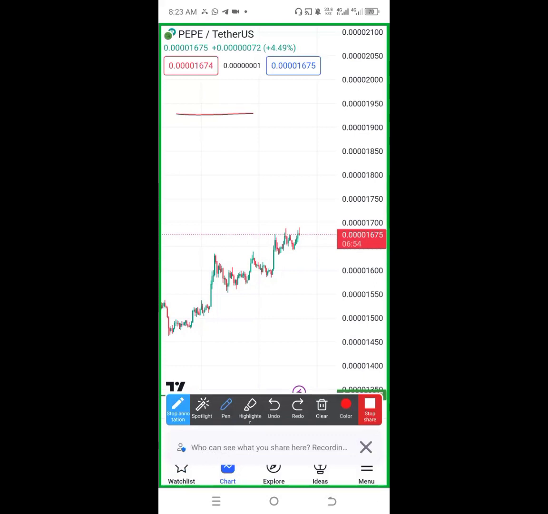A resistance line is a price level which holds the price from continuing to rise. That price level which prevents the price from continuing to go in an uptrend. That area at which, once the price approaches it, there is a reaction.